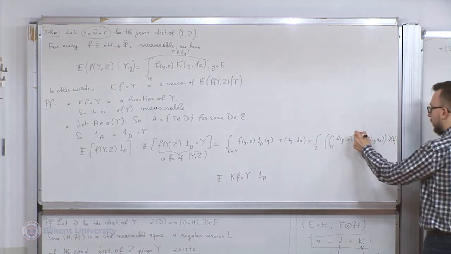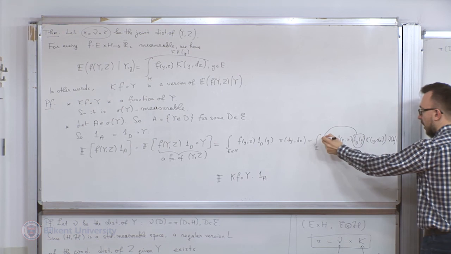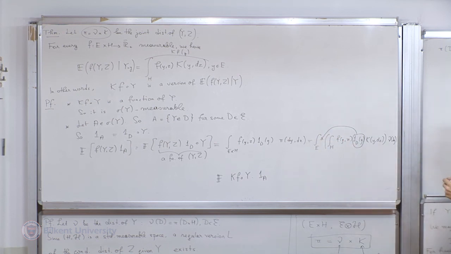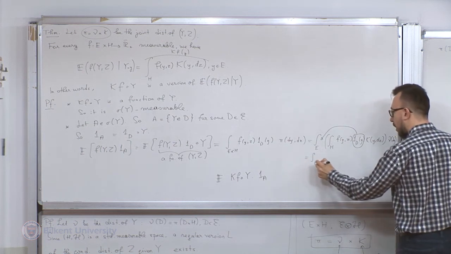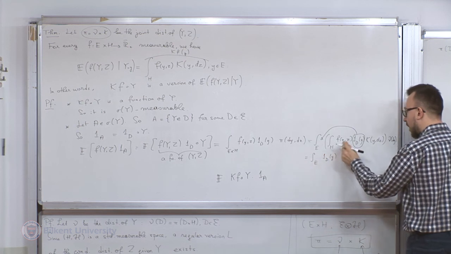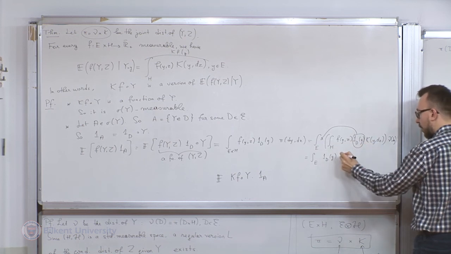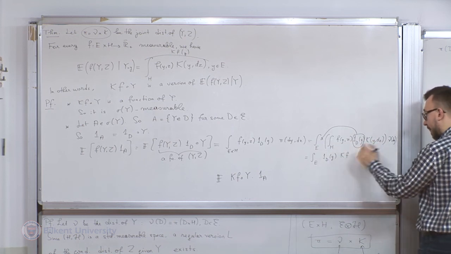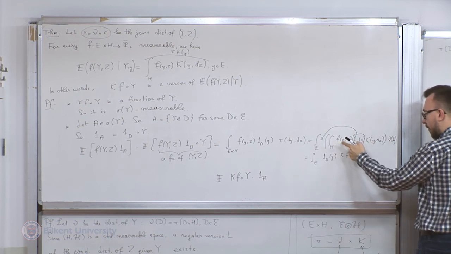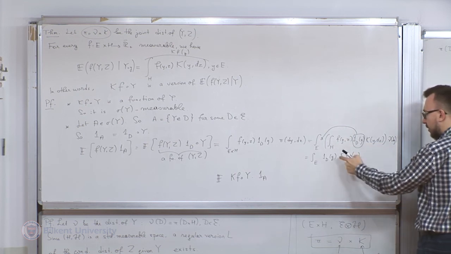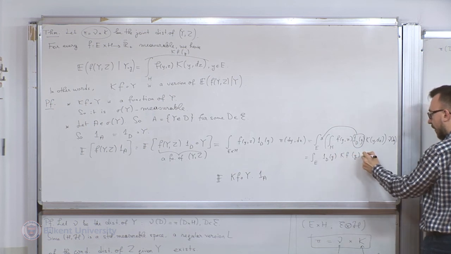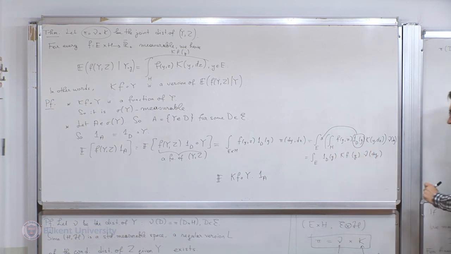So indicator D of y is constant with respect to the inner integral, so it should go out. And if we do that, we're going to get the integral of f with respect to k at y, right? The integral of f(y, z) k(y, dz) is going to give us kf at y. Okay.